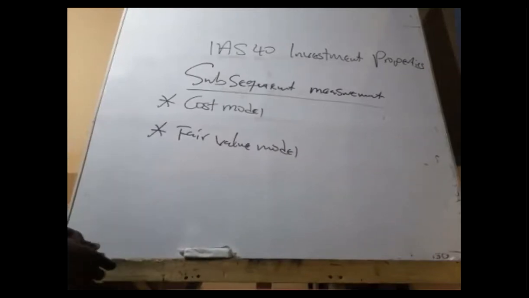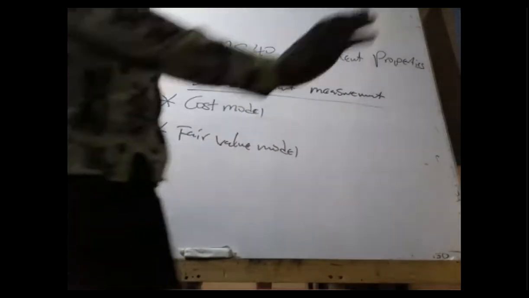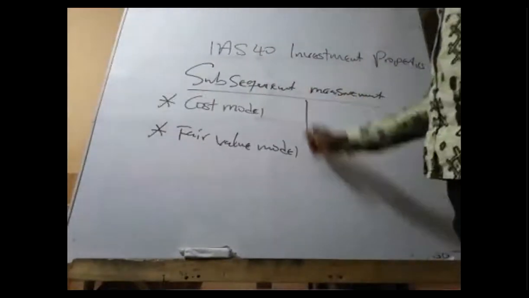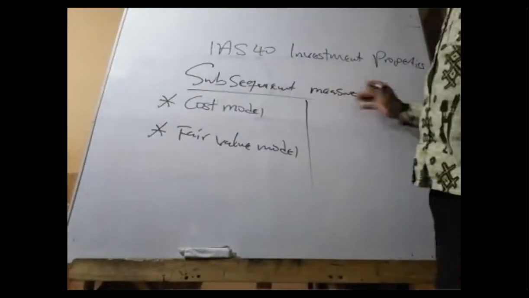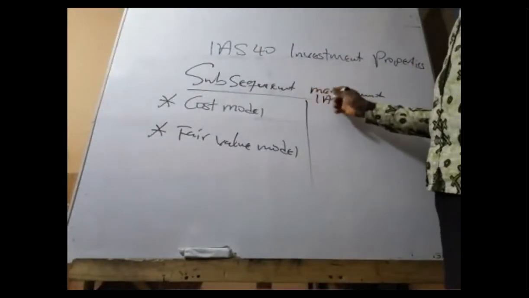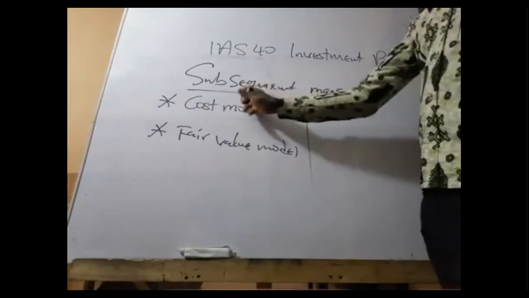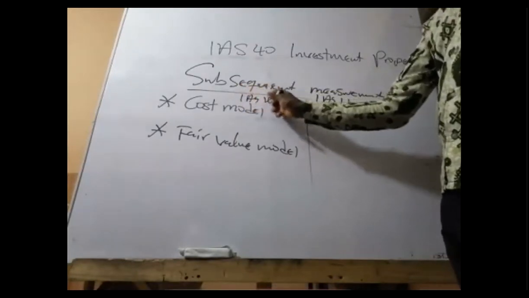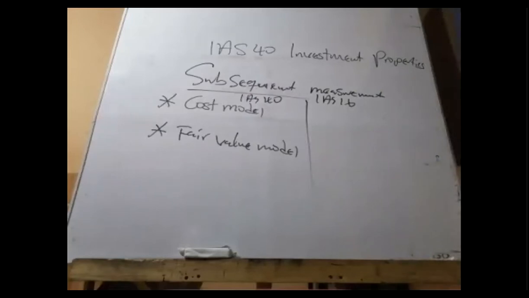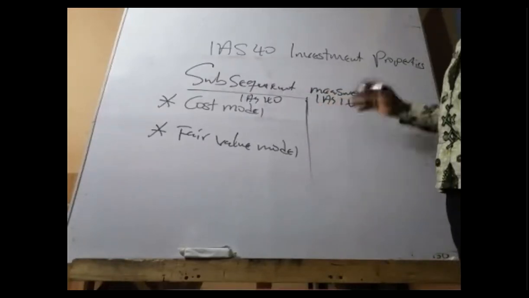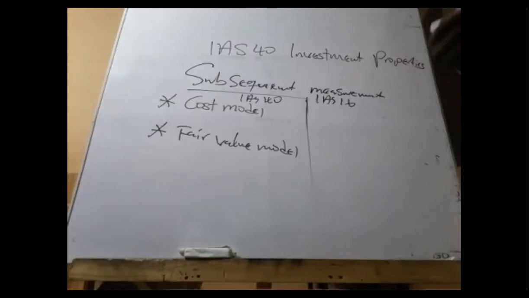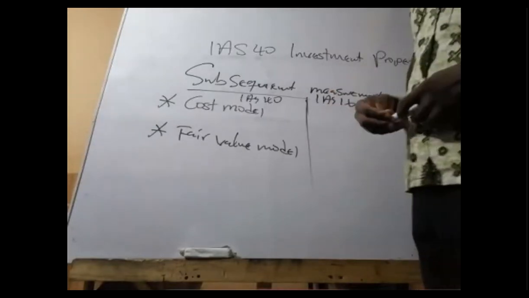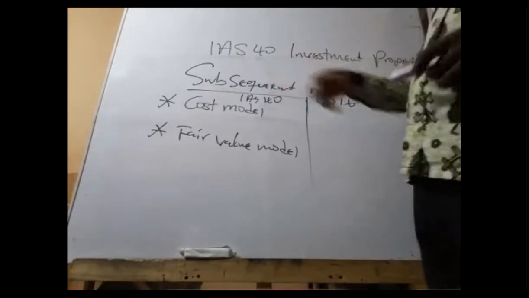Select any of them. That's the good news. The good news is that IAS 16 also has 2 subsequent measurement bases, or 2 models for subsequent measurements.